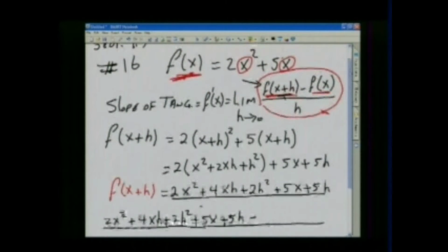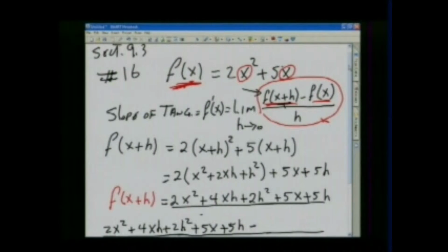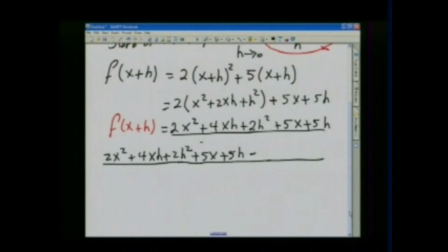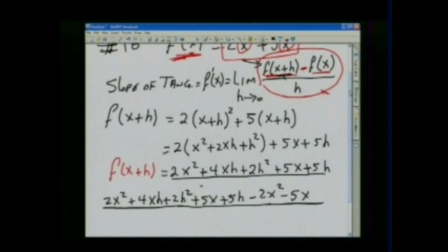F of x is this up here. When you say minus f of x, that means both signs here and here would change. So it will become minus 2x squared and minus 5x. Divided by, as you can see right here, h.